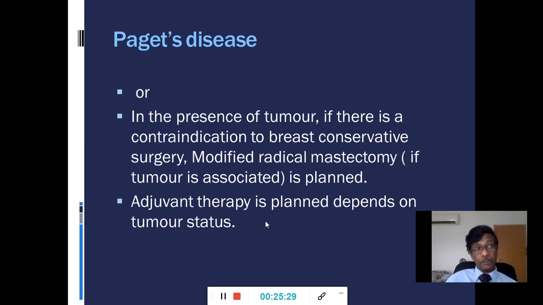At that time, a modified radical mastectomy is planned. Adjuvant therapy, chemotherapy or hormonotherapy, is planned depending upon the tumor status.